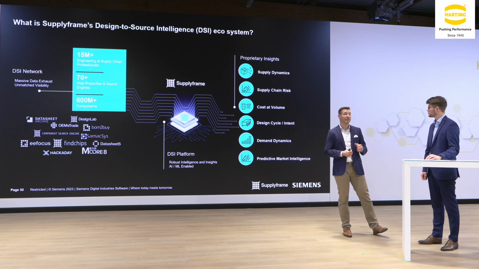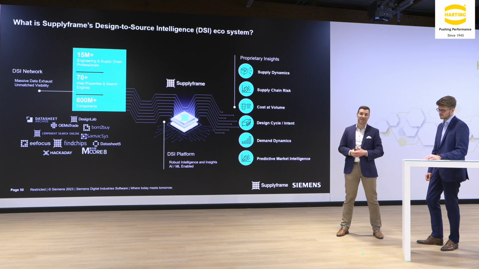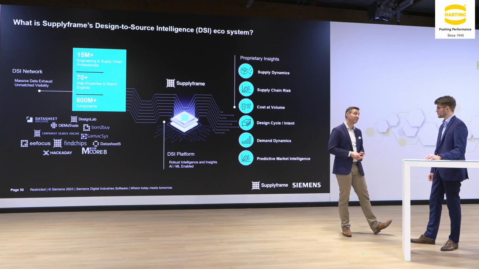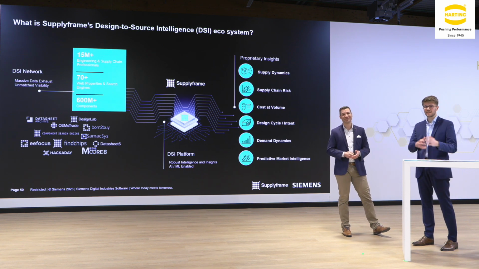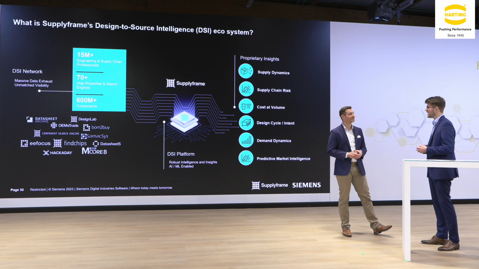So everything that helps people from the design process through the full supply chain, down to the last point, the predictive market intelligence that helps people, especially in procurement and supply chain planning, to make sure that at the right point in time, the right volumes for the parts are also available to keep the manufacturing running.